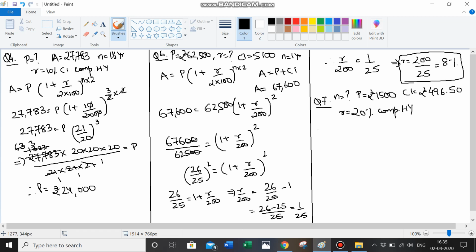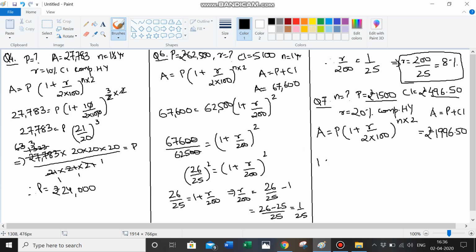So let's look at the formula. A is equal to P times (1 plus R upon 2 into 100) raised to the power n into 2. I know A will be equal to P plus CI, which is 1500 plus 496.50, that's 1996.50.